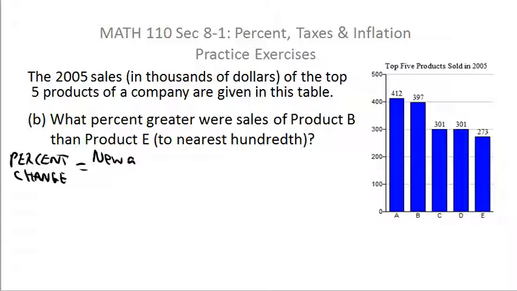There are different ways to think of it, but the way I presented it earlier is the new amount minus the base amount, or the original amount, divided by the base amount. When you think about the base, you're always thinking about what you start with. The percent change is from this base amount.